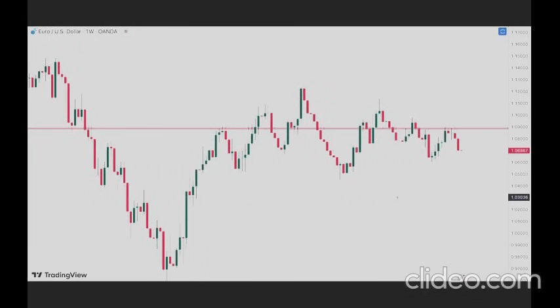So for monthly time frame, we have seen like this is a bearish market. So let us see on this weekly time frame.